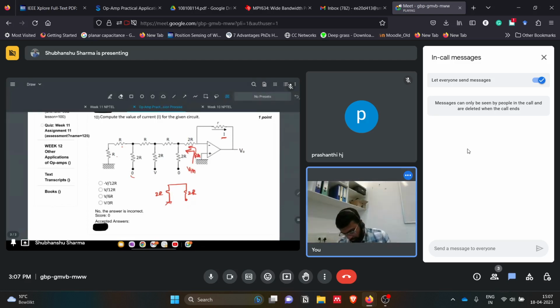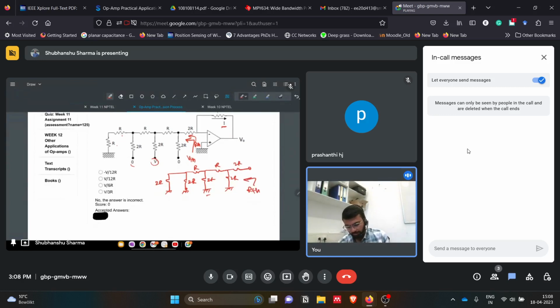So how will we solve? For RTH, I think you would have studied this. We can solve RTH by grounding all the input voltage sources and open circuiting the current sources. Here we have only voltage sources, so we can make this grounded also. This is R, this is 2R, this is R, 2R, then this V will be grounded to calculate RTH. This is 2R. So from this side we are calculating RTH.